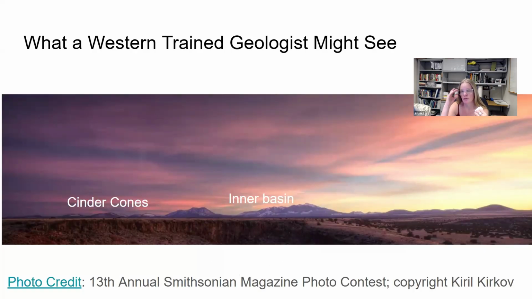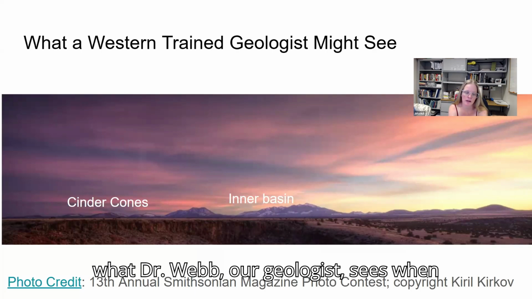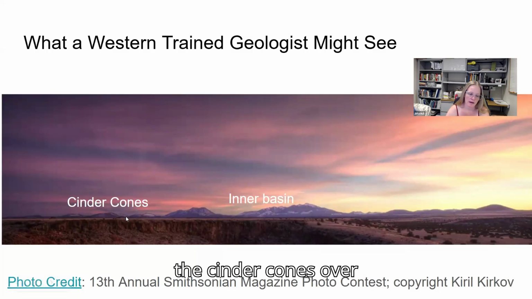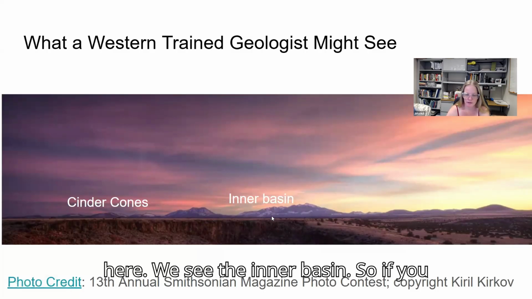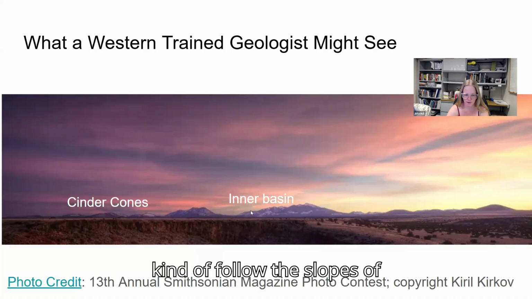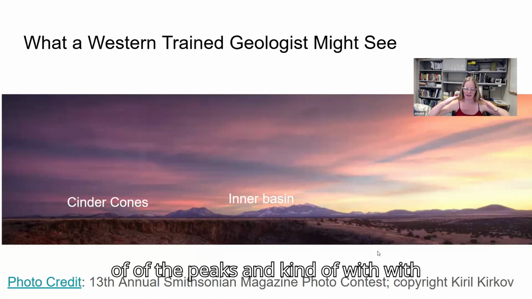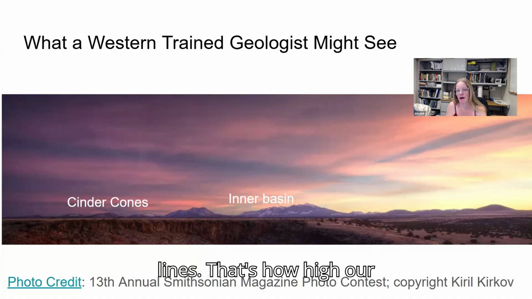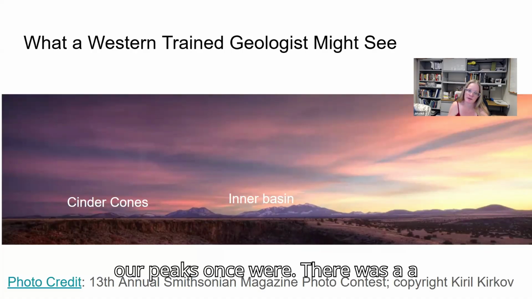Okay, and what Dr. Webb, our geologist, sees when they look at this landscape is they see the cinder cones over here. We see the inner basin. So if you follow the slopes of the peaks and, in your imagination, continue those lines, that's how high our peaks once were.